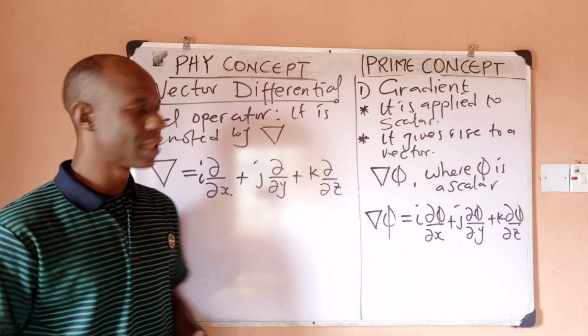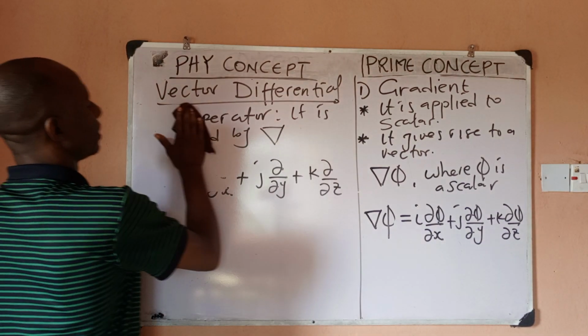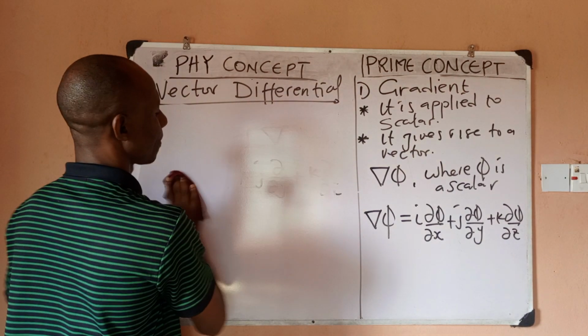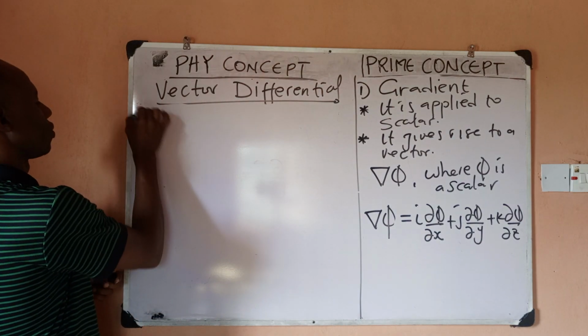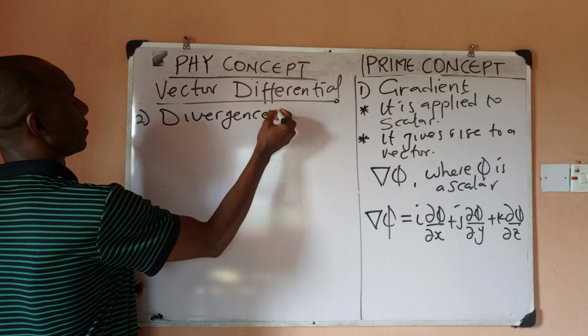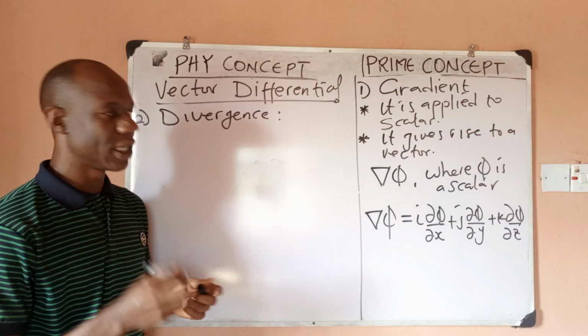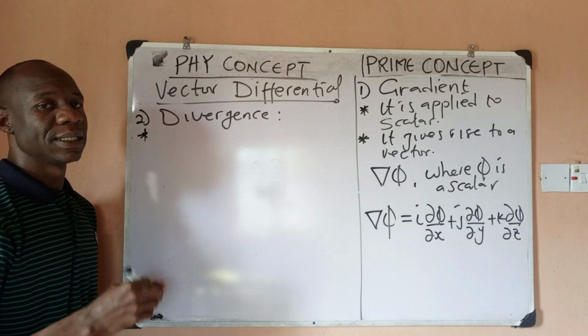Then we want to look at the next one, which is divergence, number 2. Now, I want to also point out important points about divergence.